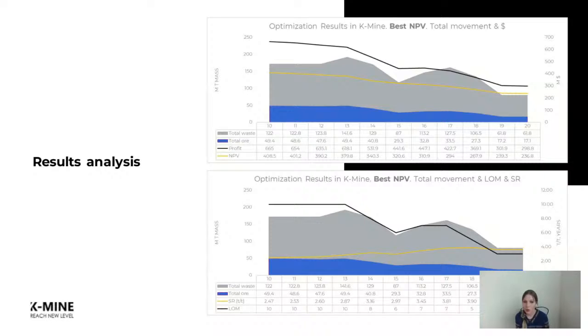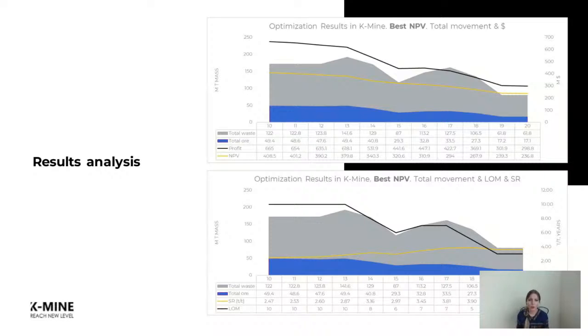The cutoff grade in the region of 13% ensures profitability and high NPV, and ensures the maximum amount of ore to be processed and maximum life of mine. And it can be counterbalanced by a 17% cutoff grade, which will limit the amount of processed low quality ore, provide faster return on investment, but at the same time reduce the life of mine.